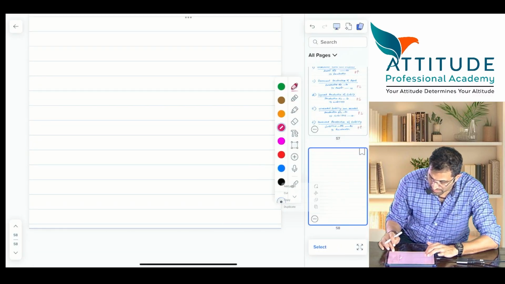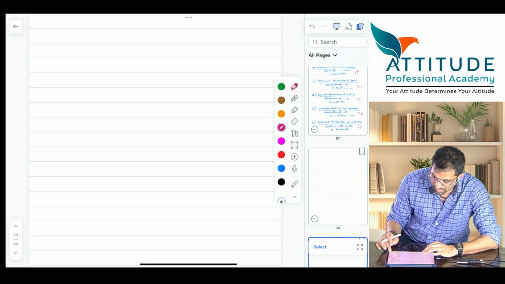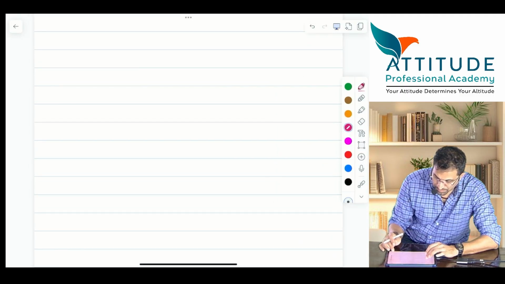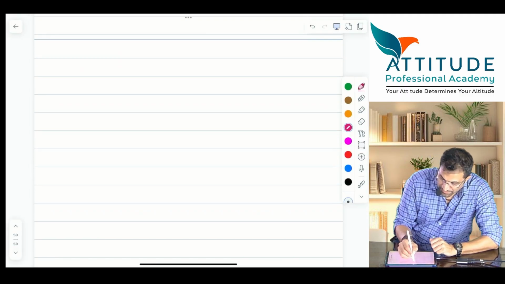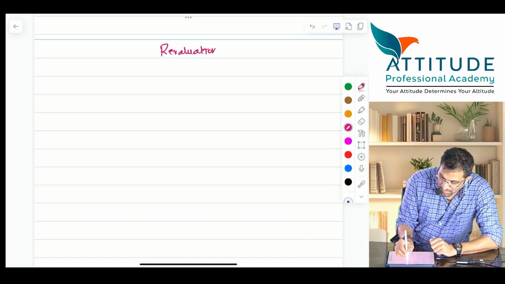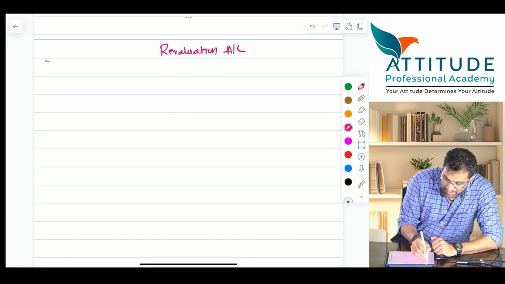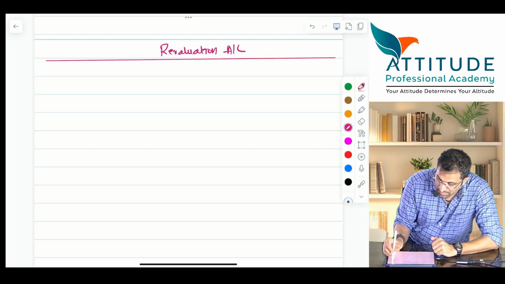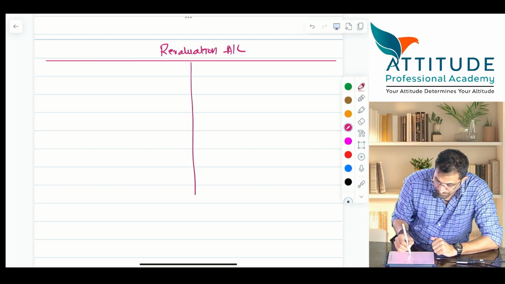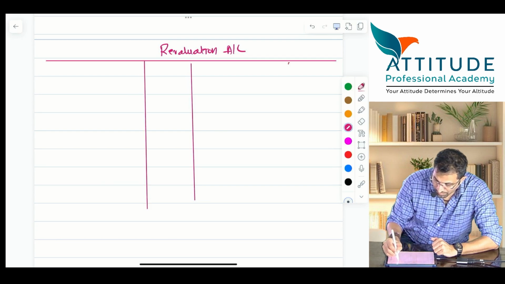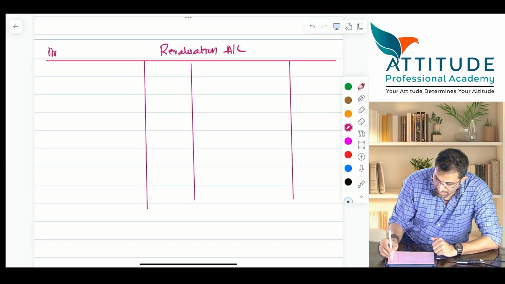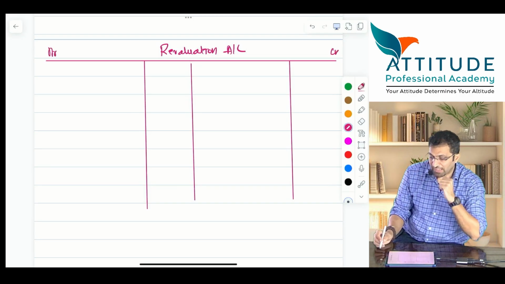Now guys, just for your understanding, okay, if I prepare a revaluation account, it will have debit and credit. Okay, now I can easily put it like this.